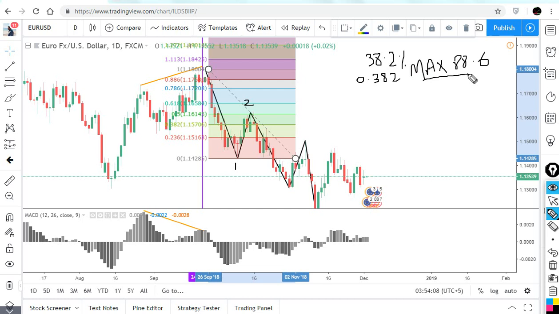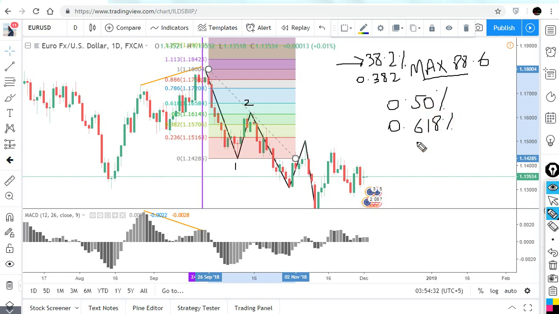But mostly, only in rare cases will you see this number. The minimum is 0.382 and the maximum is 88.6, but the ideal numbers are 0.50, that is 50%, right? And then 0.618 is so ideal.